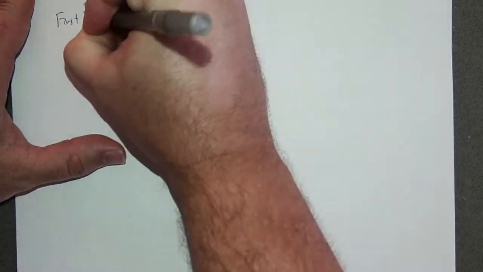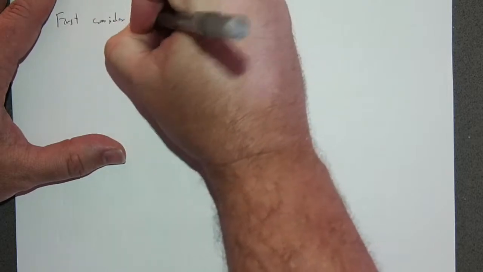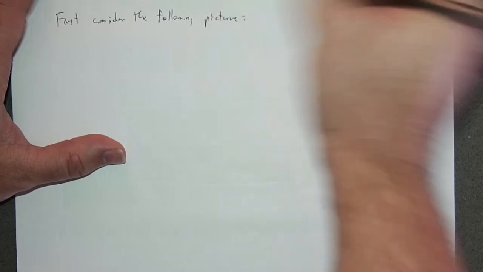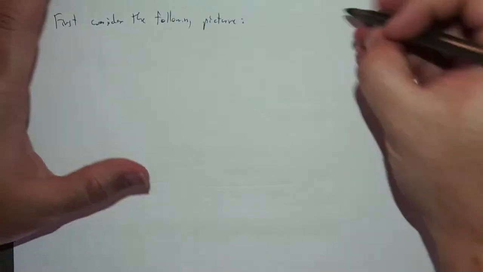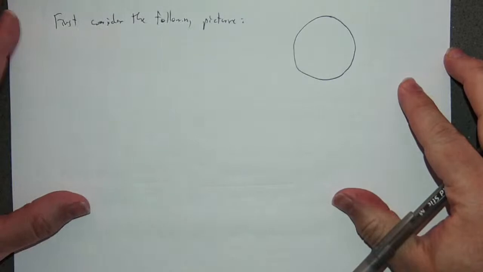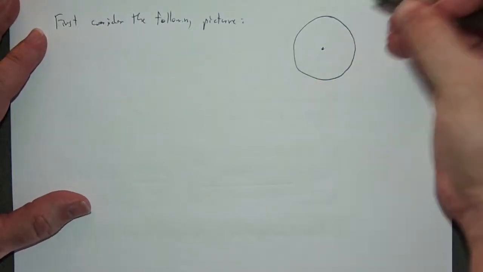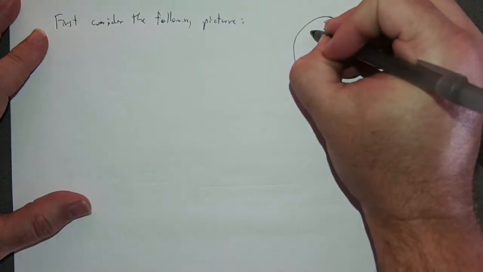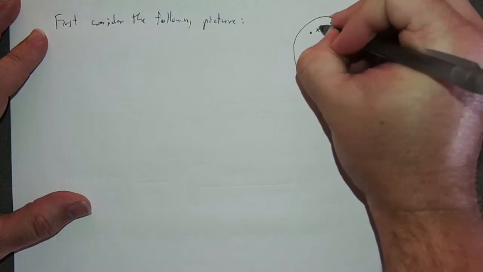Okay, so first, consider the following picture. Let's say I have my disk. Here is the center of the disk. Here is my vector x.